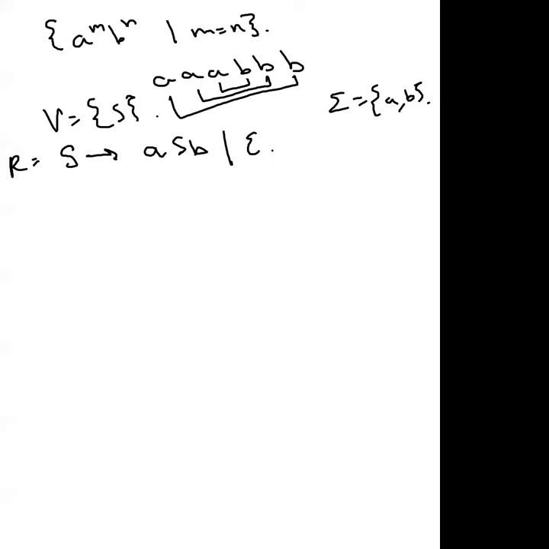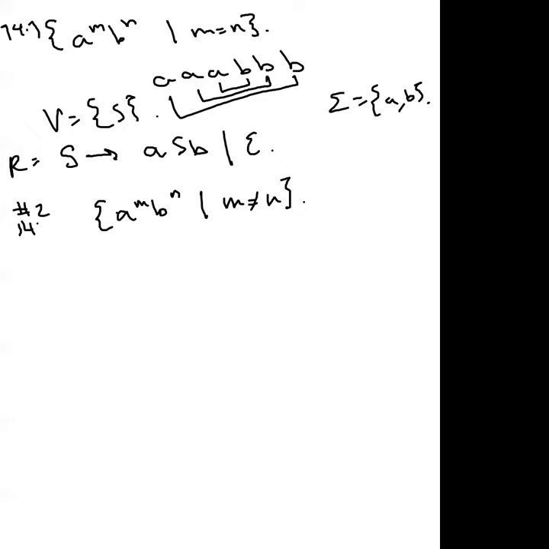It's fairly simple. Now, interestingly, we have also the second one. So this is like 14.2 over here, where we want to generate a to the m, b to the n with m not equal to n. Now, interestingly, there's such a small difference, but the actual solution is much longer. The reason is because it's not as easy to maintain an asymmetry as it is to maintain a symmetry within context-free grammars.